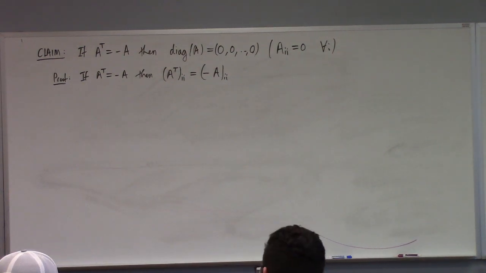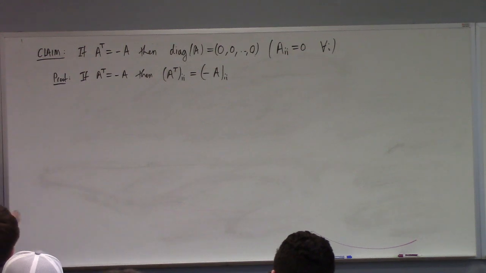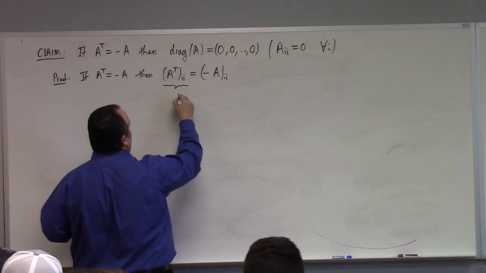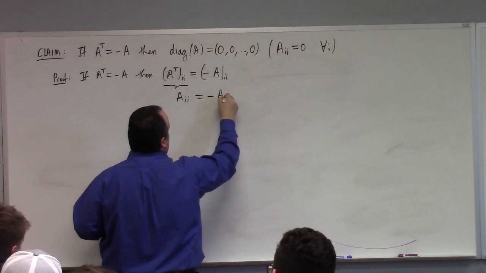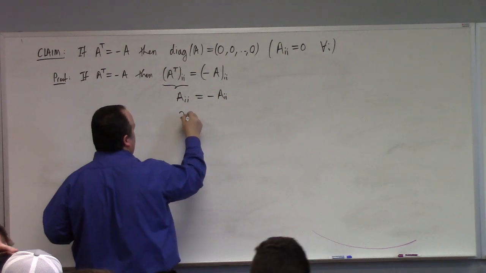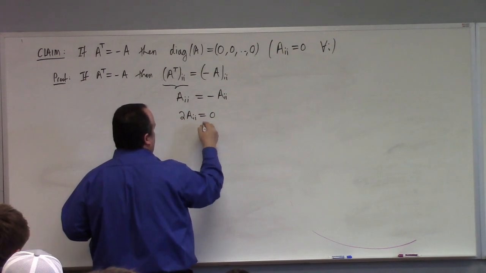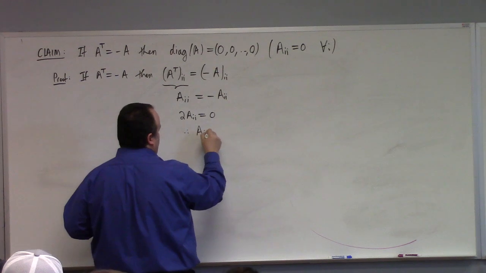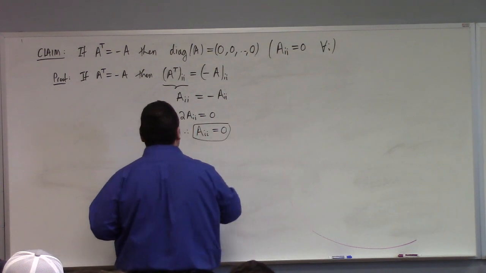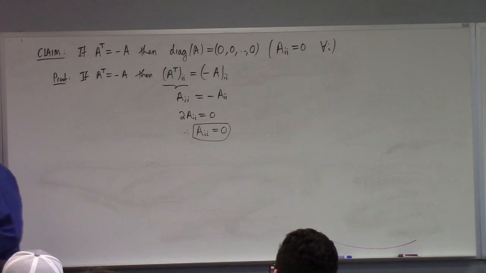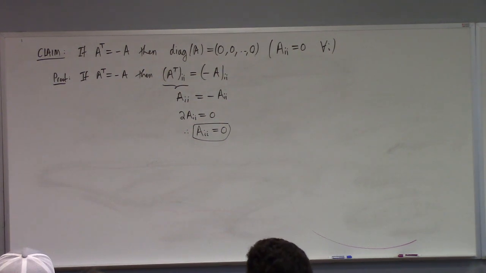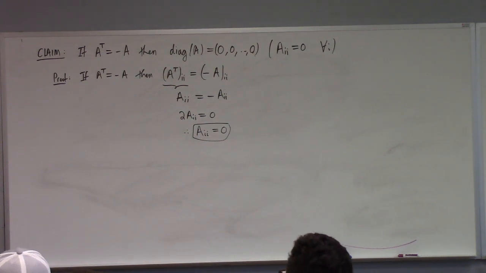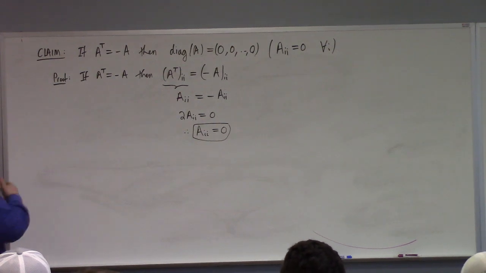So (A transpose)_ii is A_ii. And this is minus A_ii, which tells me twice A_ii is equal to 0. Therefore, A_ii is equal to 0. So an antisymmetric matrix has to have zeros down the diagonal. A symmetric matrix doesn't have to have zeros down the diagonal. Whatever, right? So that's one thing.